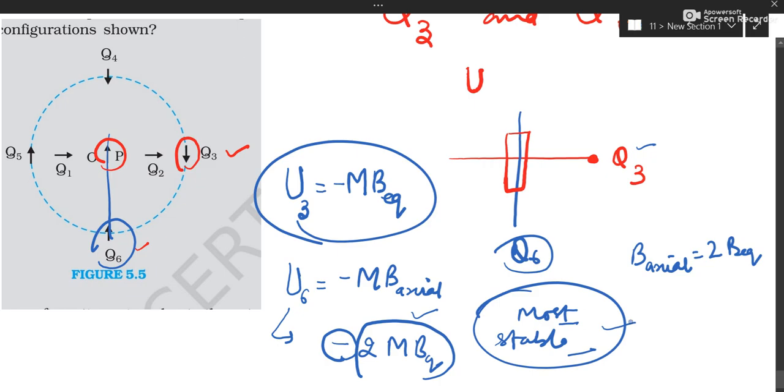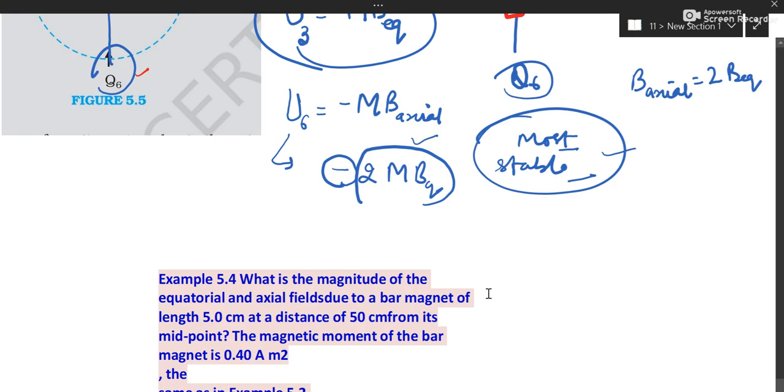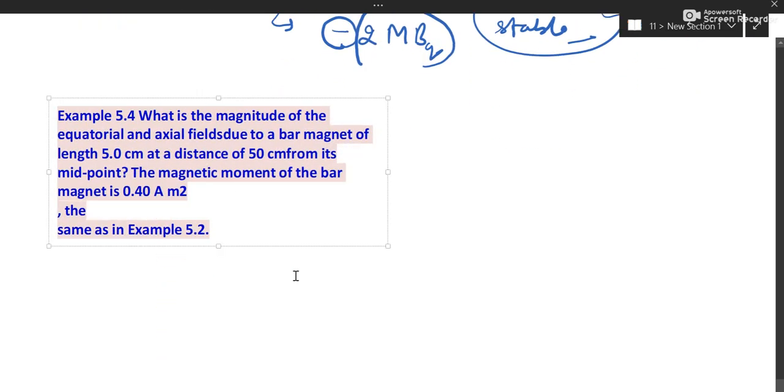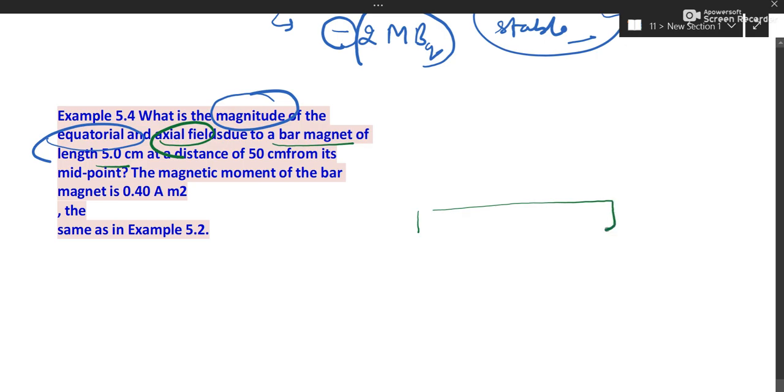So let us see the next question now, which is this. Okay, so let us see what it is. What is the magnitude of equatorial and axial fields due to a bar magnet of length 5 centimeter, at a distance of 50 centimeter from its midpoint?